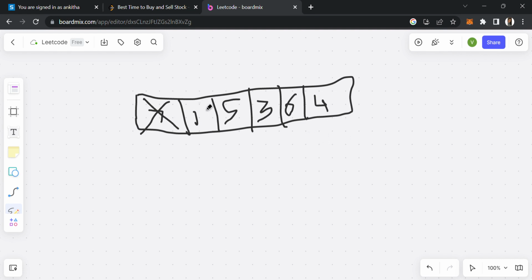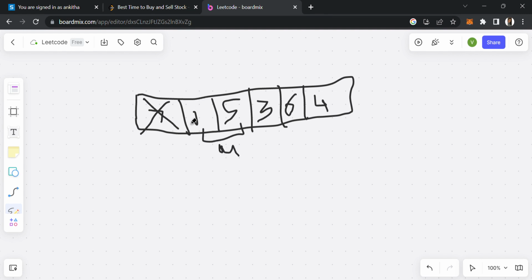Next, go to the second price, 1. Imagine you're buying at 1, then compare it with the next numbers, to see if there is any other day you can sell at a higher price, and whether that profit is the biggest one. So 1 with 5: you're buying at price 1 and selling at price 5. 5 minus 1, you'll have 4 rupees as the profit.